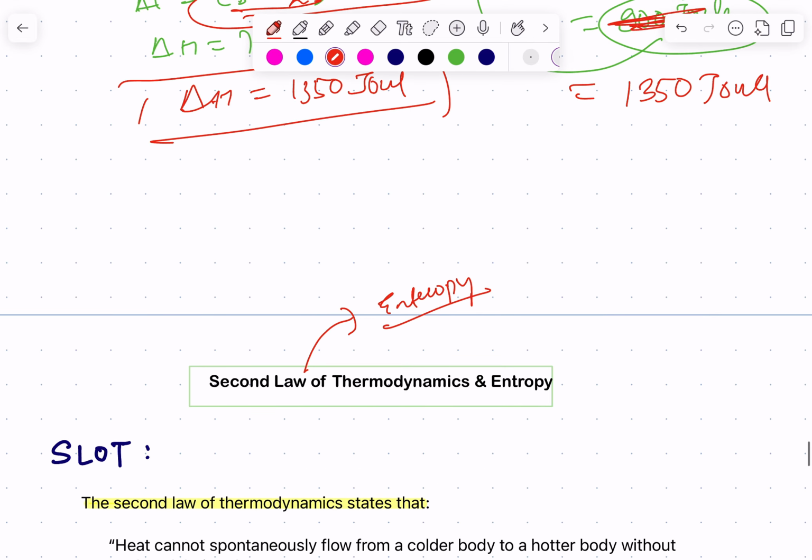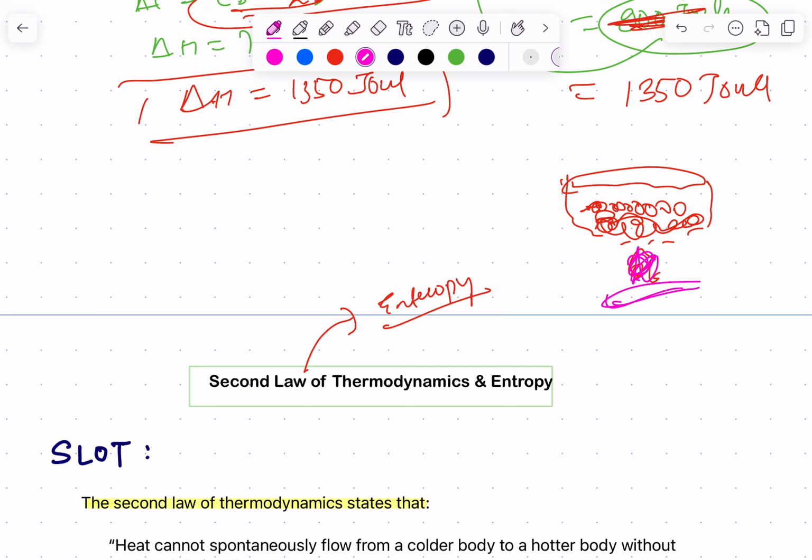For example, what is entropy in general, first of all? Let's say you have a lot of particles in this body, and now you're heating it with a certain amount of heat. For sure there will be disorder in these particles. They will collide with each other, they will get excited, and they will just disorder themselves.